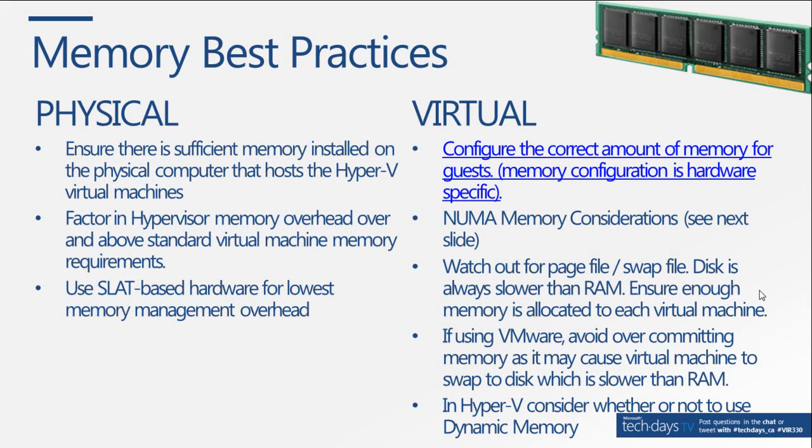One of the ways is to actually use the hypervisor and the memory and the CPU on the physical machine to do that work, or preferably using something called second level address translation, or SLAT based hardware. That work can actually be done at the motherboard layer of the physical hardware itself. And all the servers that have been shipped in the last couple of years that I've ever encountered do in fact have second level address translation built in, which just gives you better overall performance within that virtualization environment.